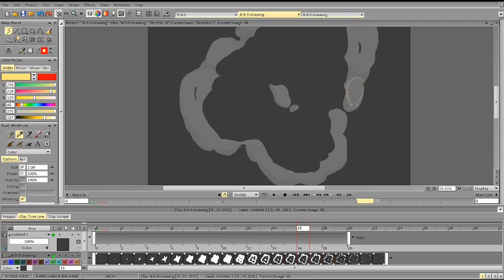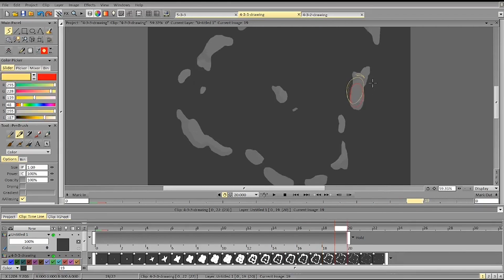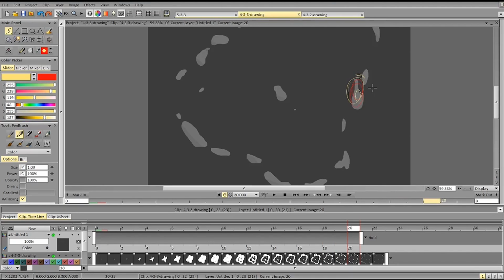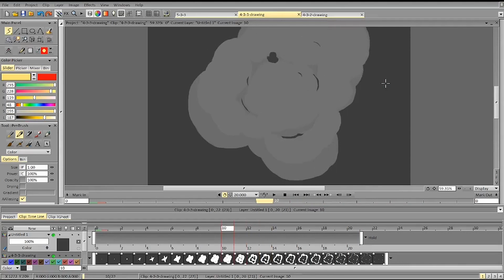So it goes here, goes to the right, goes to the left again, goes to the right again, goes to the left again. So it's in constant movement from side to side.